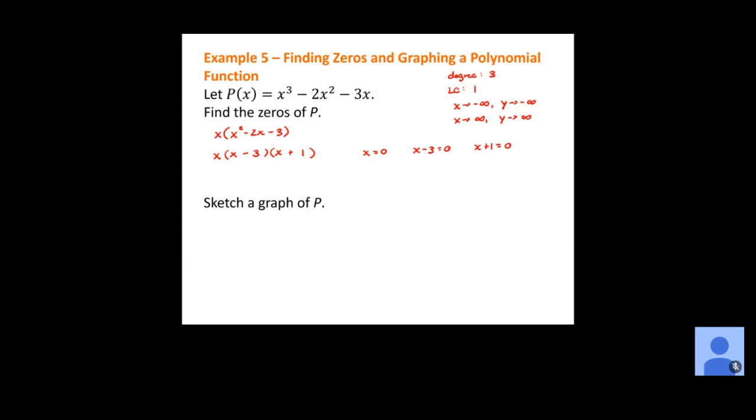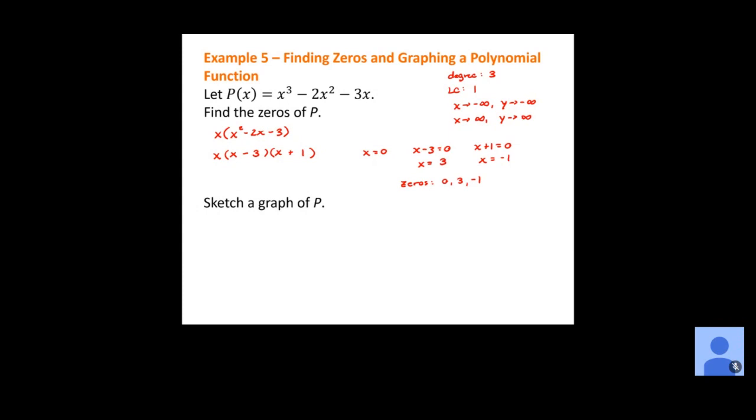Well, x equals 0 is already solved, right? Nothing to do with that one. What's the next factor going to give us? Good, positive 3. And the last one's going to give us negative 1. So now we know the zeros of our polynomial are 0, 3, and negative 1.